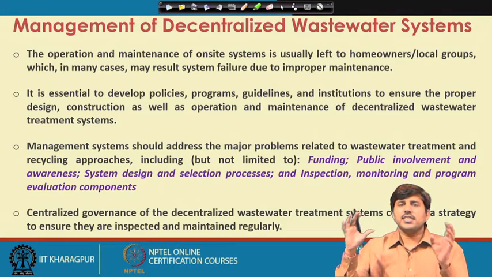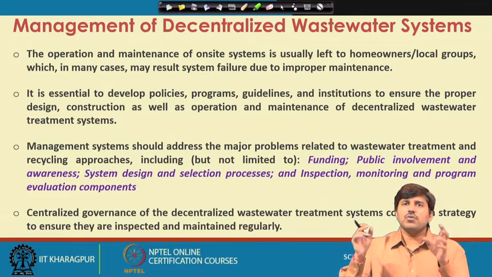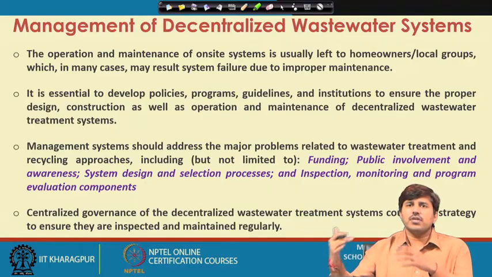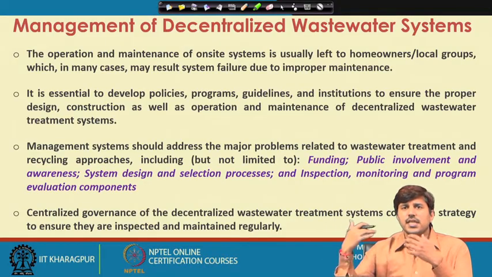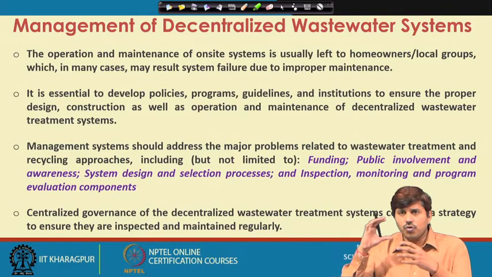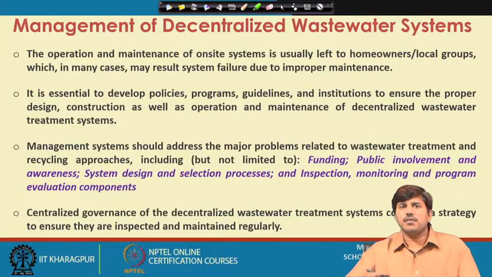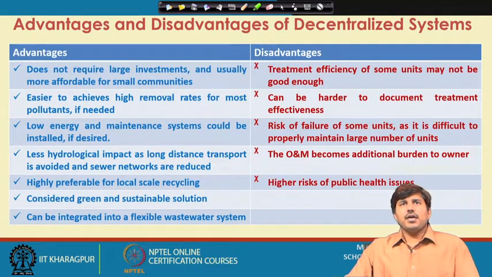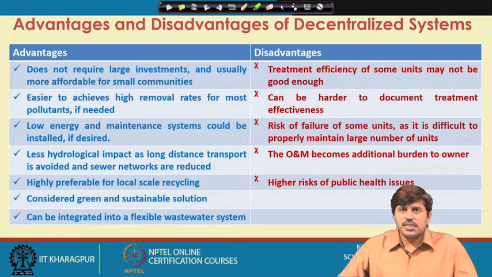That strategy is being recommended by some: even though a city or utility can go for decentralized treatment and recycling options, they should be inspected, maintained and monitored in a more comprehensive way, and there has to be centralized governance at least for inspection purposes, so that these utilities are functioning in a proper manner.